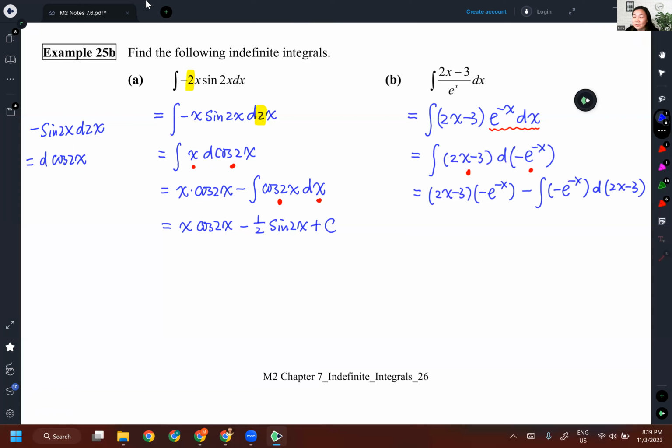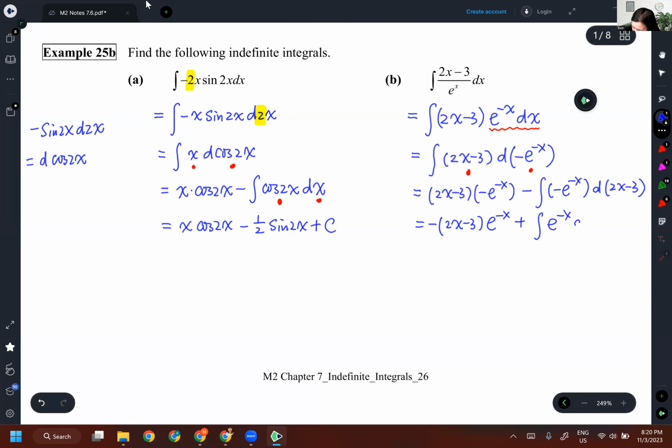Is that okay? I hope so. Now, I will use another step to sort out the signs. So here in this step, I'll sort out the signs. This is negative (2x minus 3) e to the power negative x plus e to the power negative x d(2x minus 3).